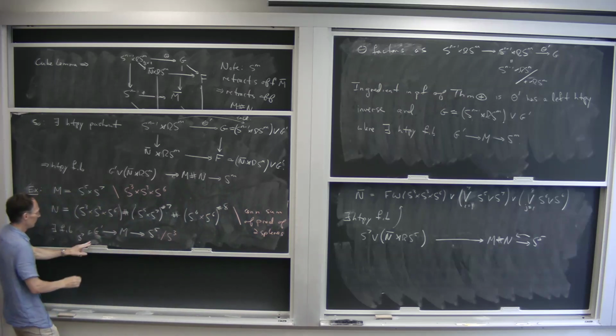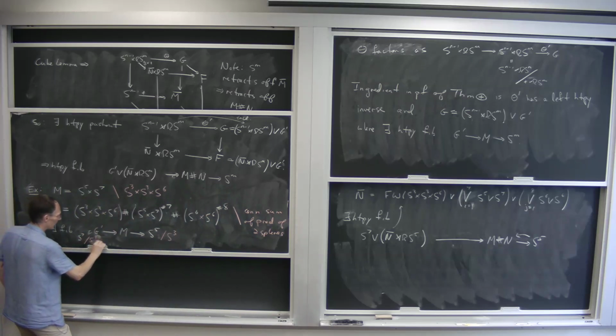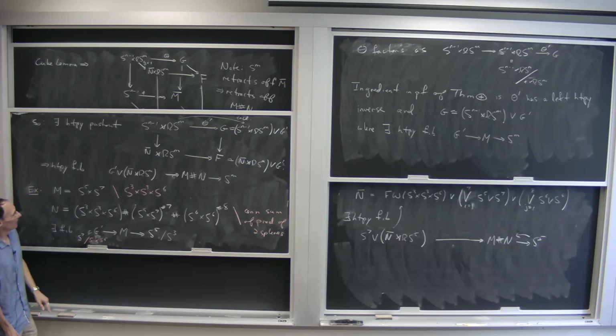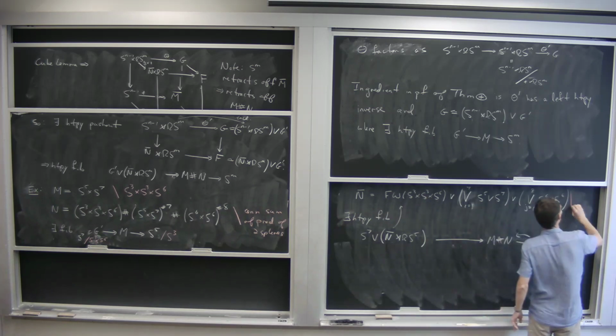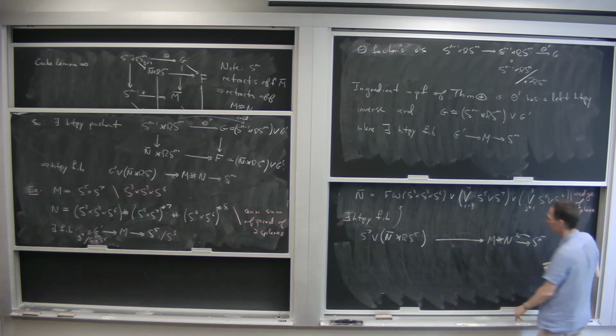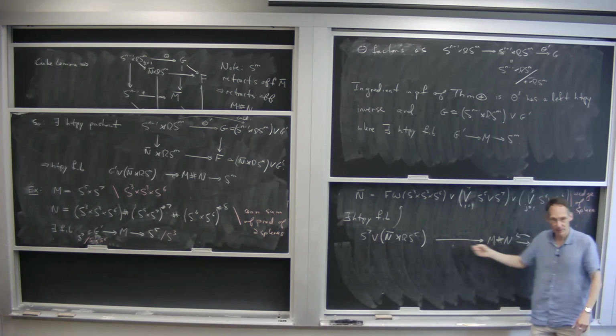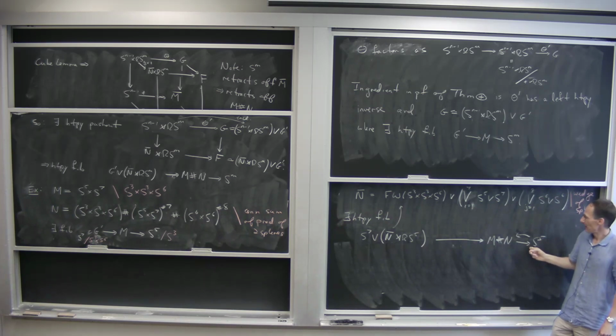And this fiber then would be an S3 cross an S6. The N bar would be a wedge of spheres. And you'd get a different fibration, right? Where now you'd be mapping out to an S3.